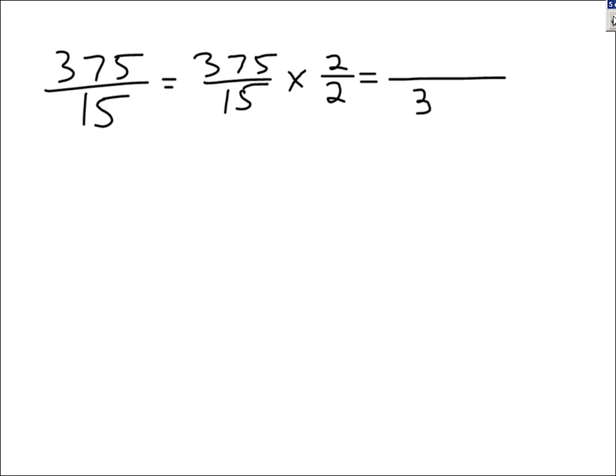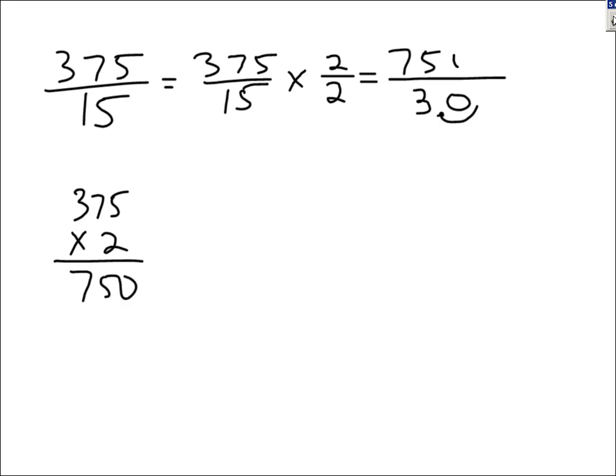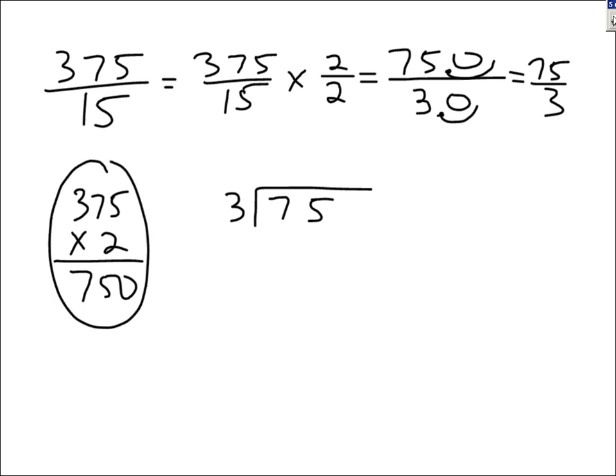The bottom is 30 now, but I'll move the decimal in and it's 3. And 375 times 2, if you work it out, you'll get 750. 750, but I have to move the decimal in. That is, now you just have to do that division. And I'd rather divide by 3 than 15. Of course, I had to multiply by 2 first. I had to do this first, and now I have to do this.